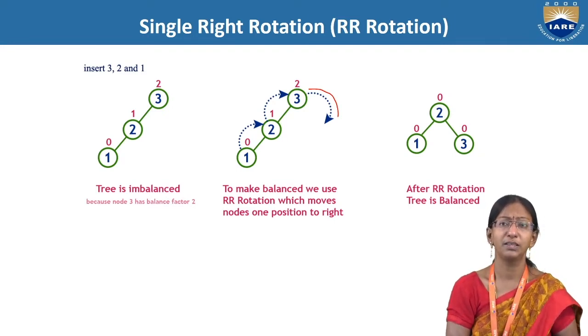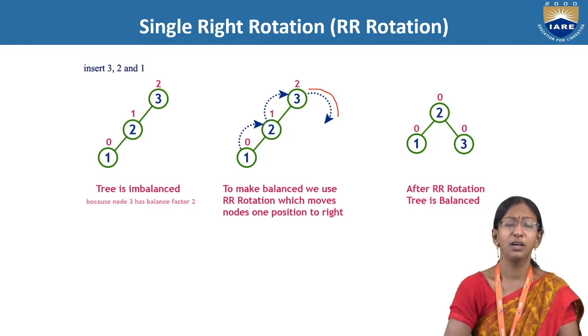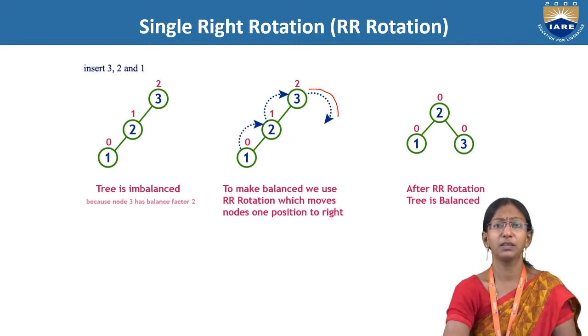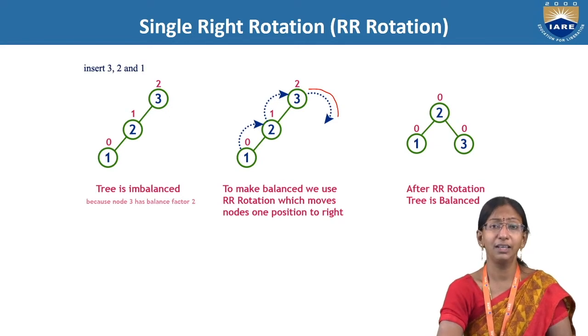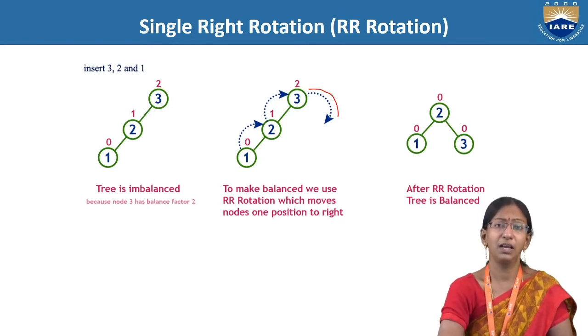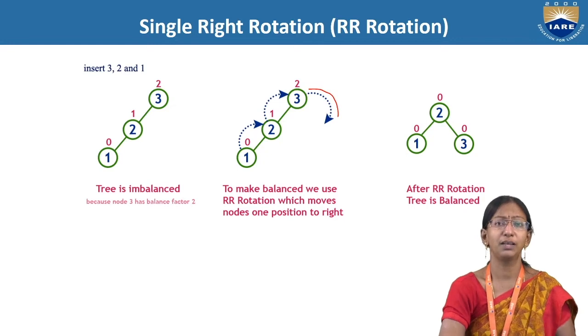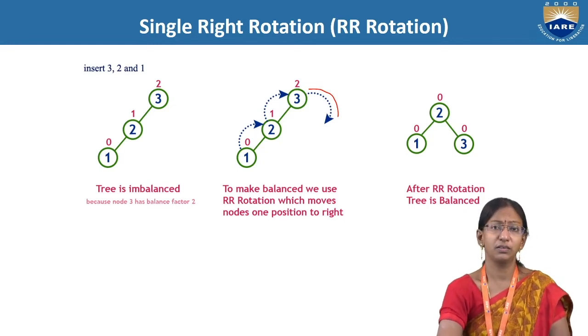What about 2? Its left and right children have a balance factor 0, right? As their heights are also the same, even the balance factor of 2 is 0. So now you can see that with a single right rotation, we balanced the AVL tree, right? So these are the two cases.